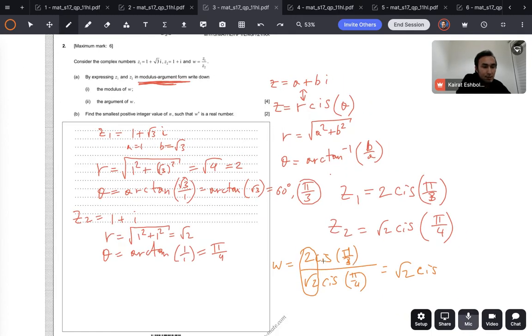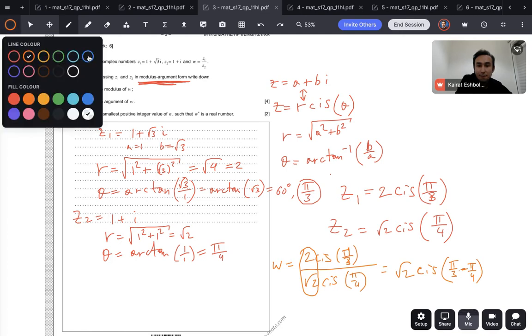When you have cis over cis, you would subtract pi over 3 minus pi over 4. That's the property of cis. That's how the cis works, okay?